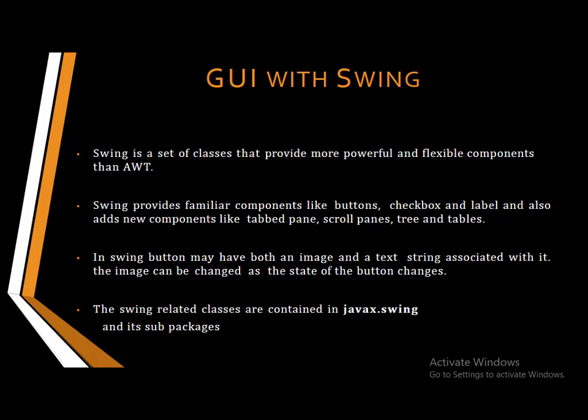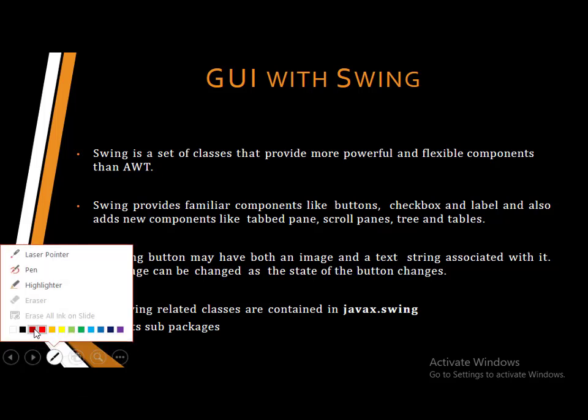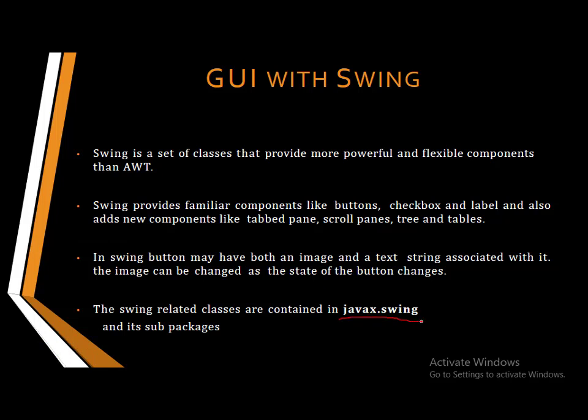In Swing button, we can also set the text or image, and it can be changed as per the button's state changes. The Swing components or classes are contained in javax.swing packages. So if you want to use Swing components in your program, you have to import the javax.swing package in your program.